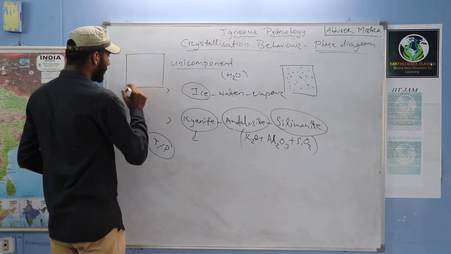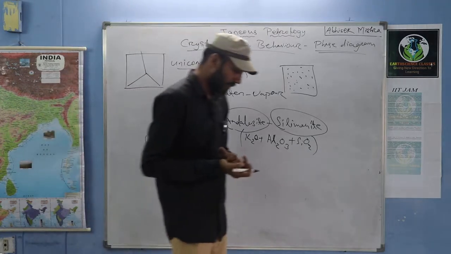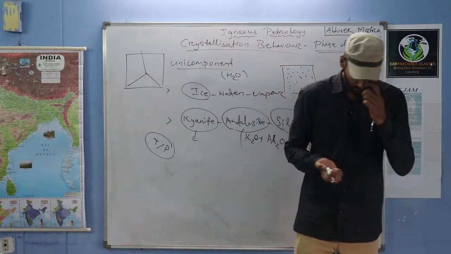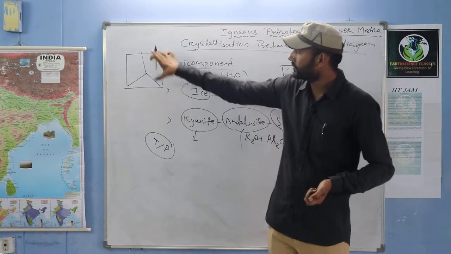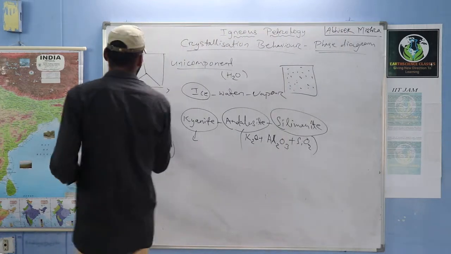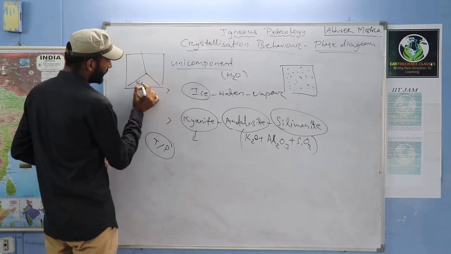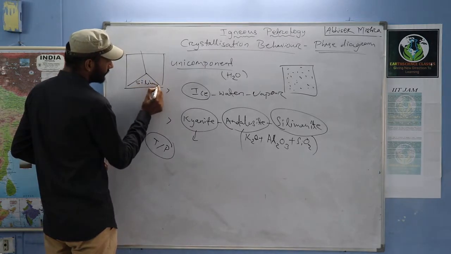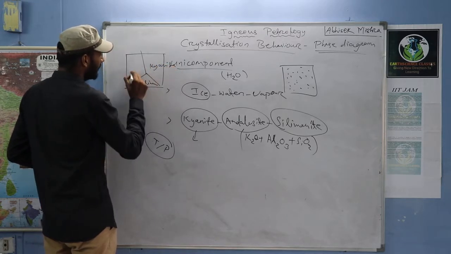In the metamorphic phase diagram, it will be like this, with some indication written here. Here I think it is sillimanite, and here it is kyanite and andalusite.